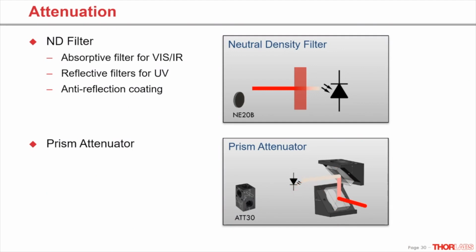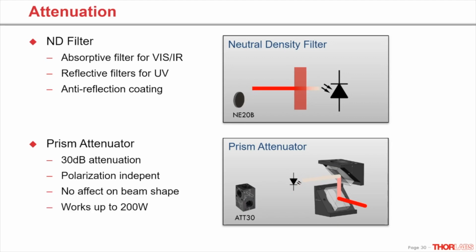The shown prism attenuator offers here an attenuation of 30 dB and is suited for power levels from below milliwatts up to 200 watt uncoated or up to 50 watt with anti-reflection coating.